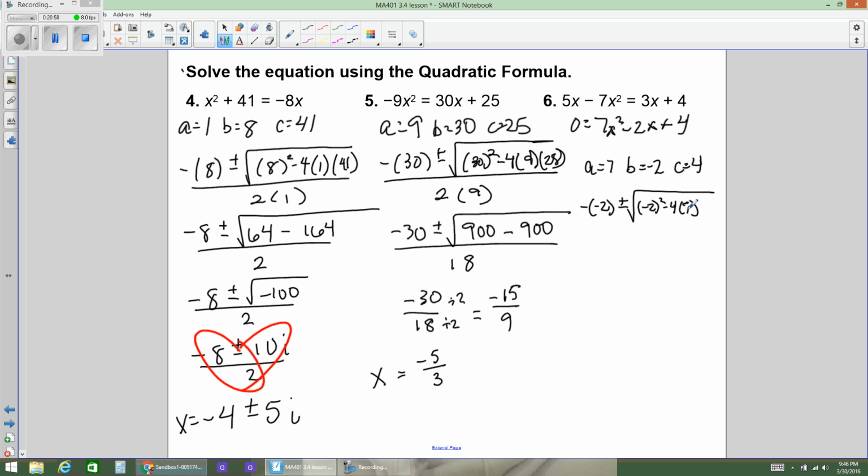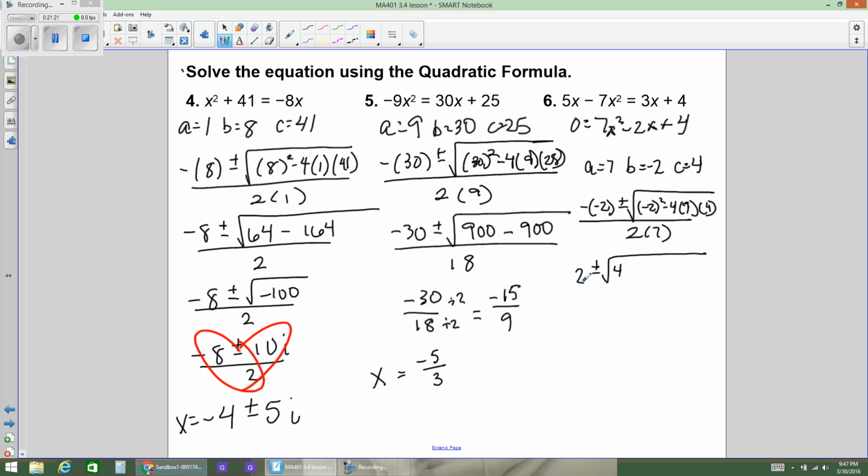That's a 7. It's trying to be c all over 2a. Okay, so that's 4 plus or minus the square root of, why did I say 4? Let's erase that. That's a 2, isn't it?